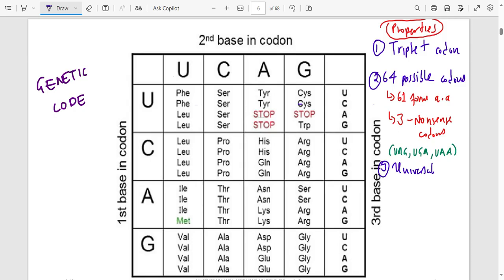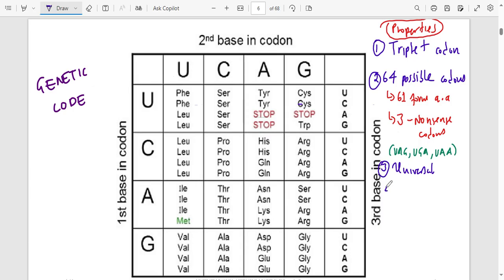Okay, for example, UGA can code for tryptophan instead of the stop codon when it comes to the mitochondria, and AUG can code for methionine instead of isoleucine. I just want you to take note that it is universal.